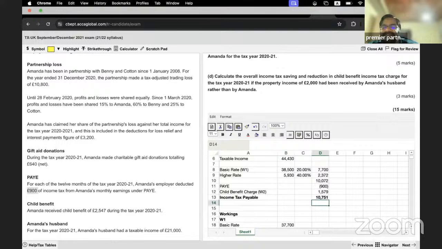This is the answer for part C. Are we good? Any questions or clarities that you need on part C calculation? Right. If you want to round, okay.